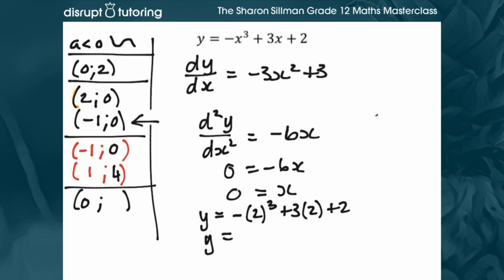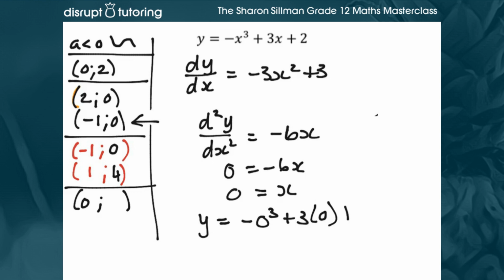What am I doing? Apologies. I was so busy thinking the answer was 2, I put it in. Apologies. So I am putting 0 into x's place. And that is equal to 2. And you'll notice that it also happens to be the y-intercept.